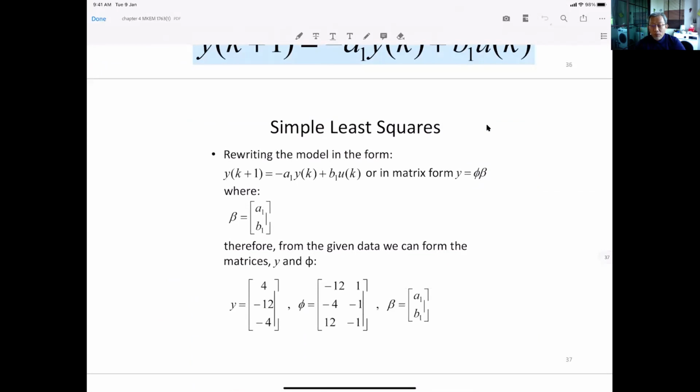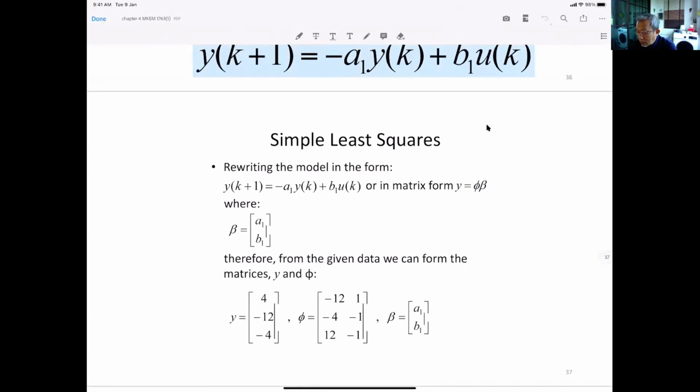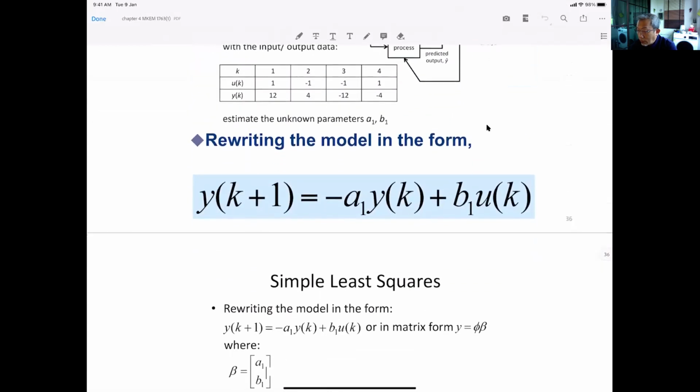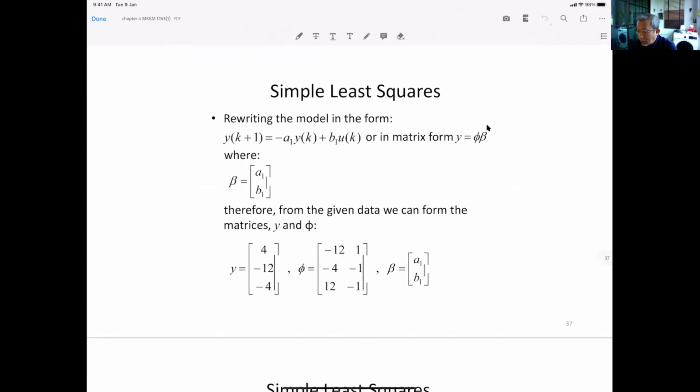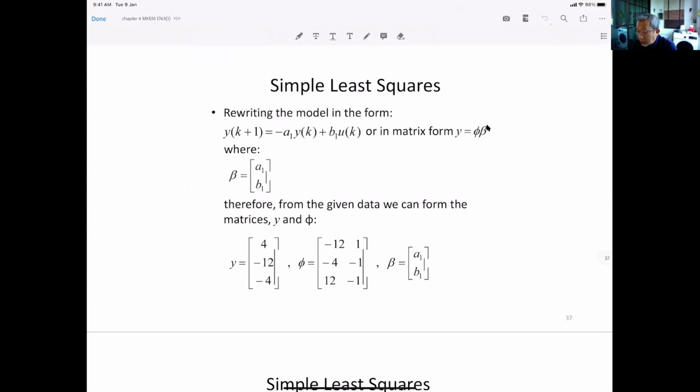If you look here, y is equal to 4, minus 12, and 4, minus 4. So you look at the equations here. So minus a1 y k.